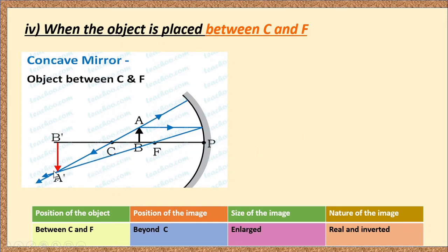These rays intersect beyond C. Here we are getting the image. The size of the image is larger than the object and nature is real inverted. This is the ray diagram when the object is placed between C and F. Enlarged image we are getting here.